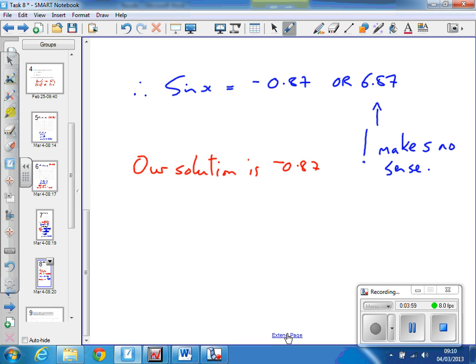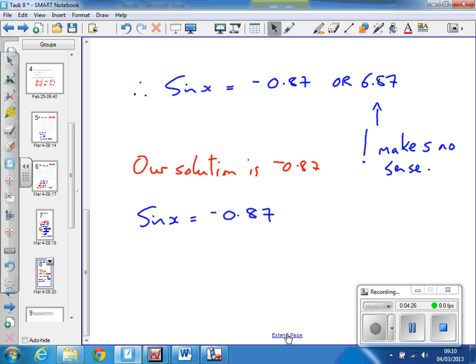So sine x equals negative 0.87. So what do I do to get x? If I know what sine of x is, what function on the calculator allows us to find x?